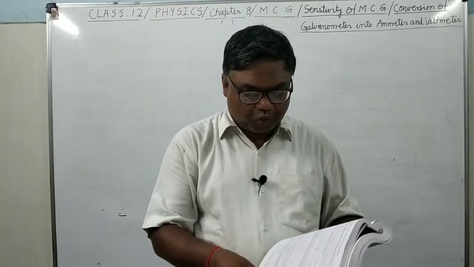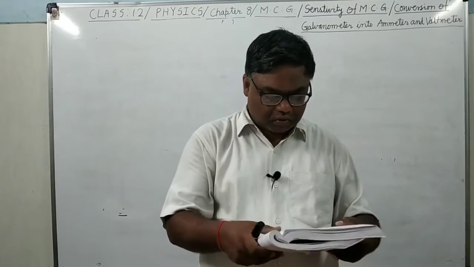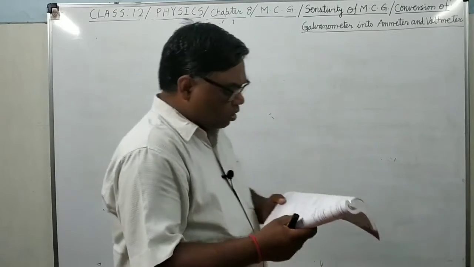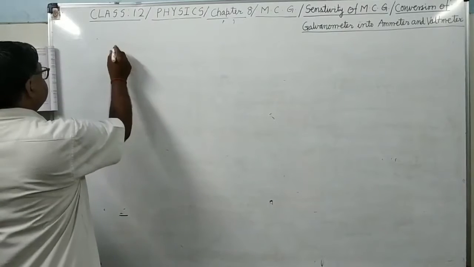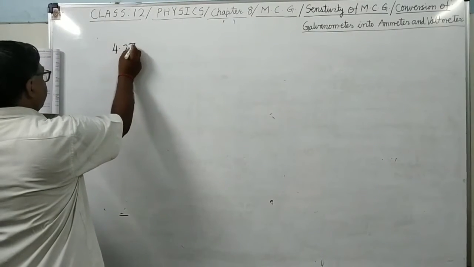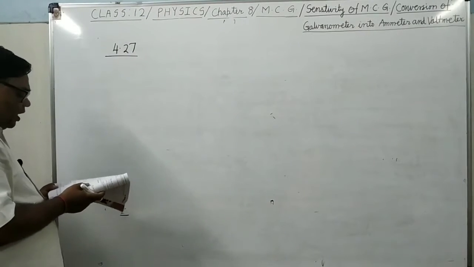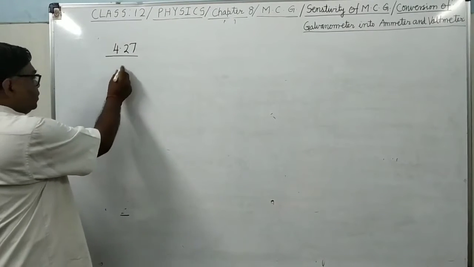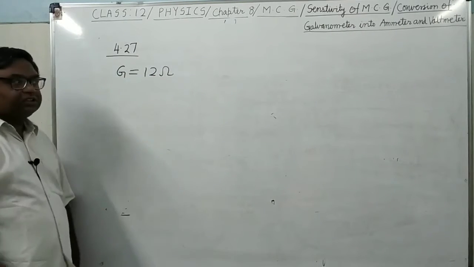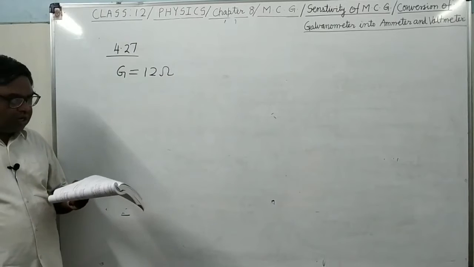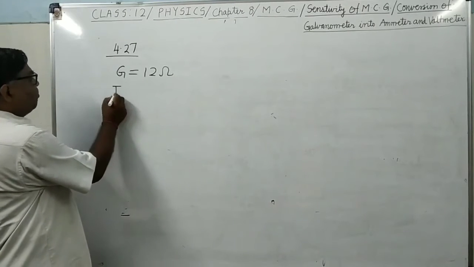Now you take one more question here. This is 4.27 in NCERT. A galvanometer coil has a resistance of 12 ohm, means G equals 12 ohm. Galvanometer coil means this is the resistance of the galvanometer. And the meter shows full scale deflection for a current of 3 milliampere.